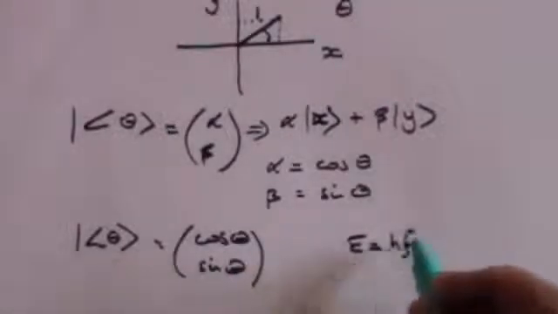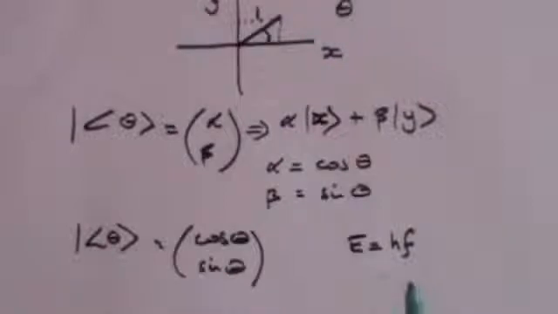The energy of course is represented by E equals hf, where h is Planck's constant, E is the energy, f is the frequency. So every little photon contains a quantum of energy which contributes to the intensity, and if only cosine squared theta of them get through, then the intensity will fall off by cosine squared theta. So this result here completely agrees with what we get from the classical experiments.